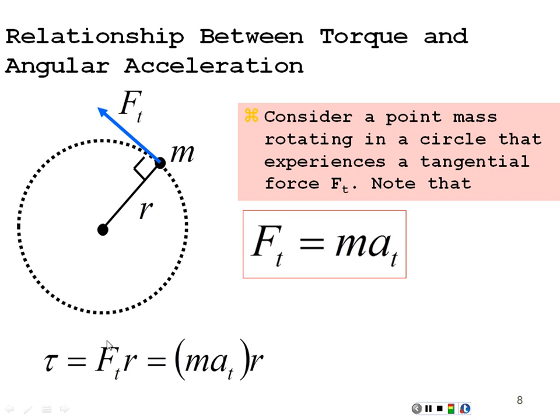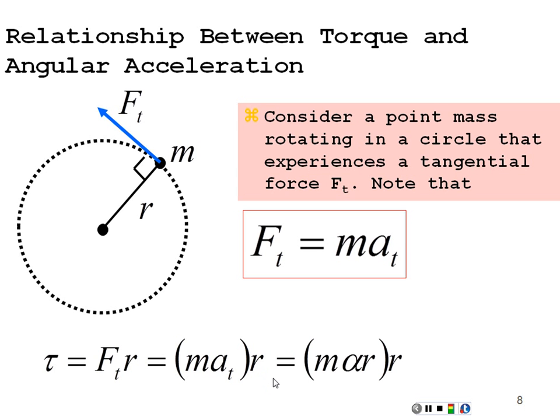So we would say that that torque is equal to this tangential force, which is perpendicular to that radius, times the radius to that point. So the torque about some origin for this particular mass would be equal to mass times tangential acceleration times r. So far, so good.